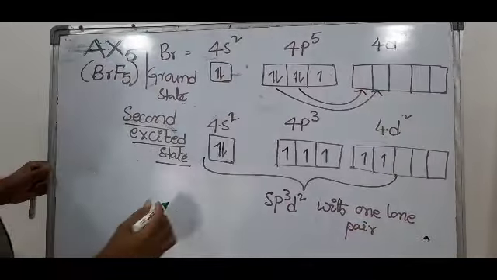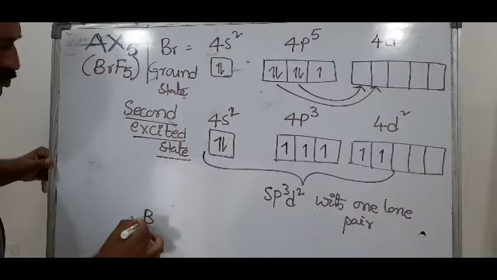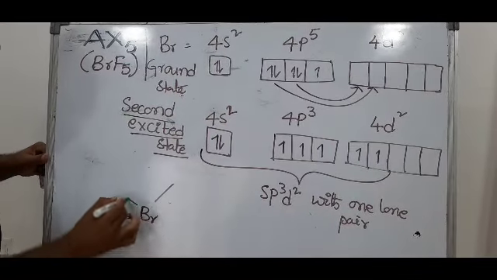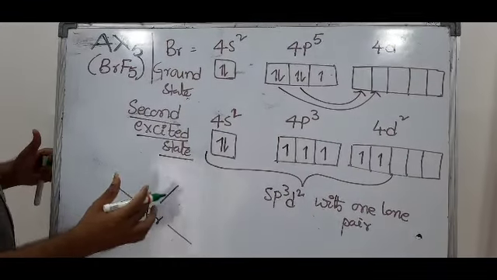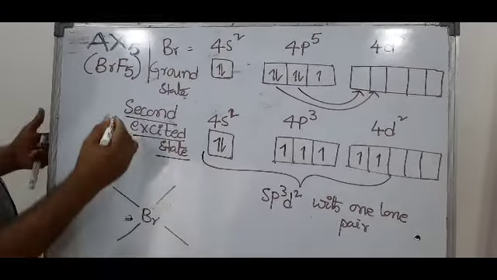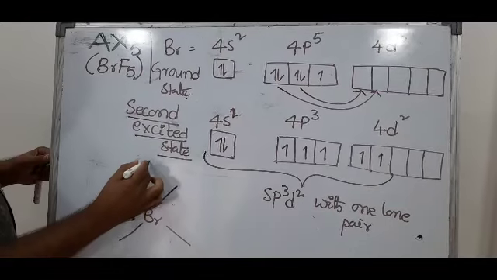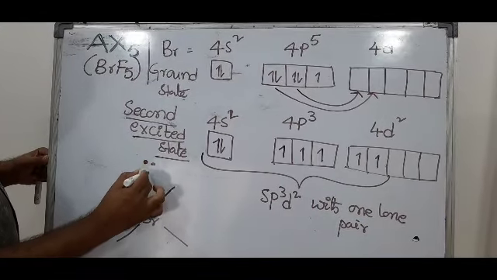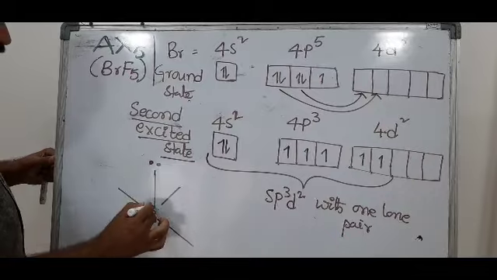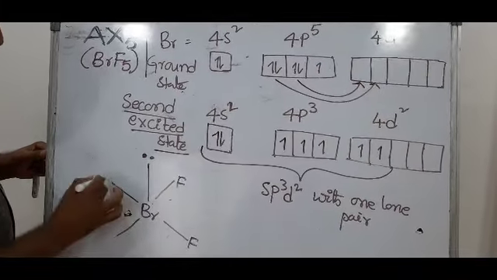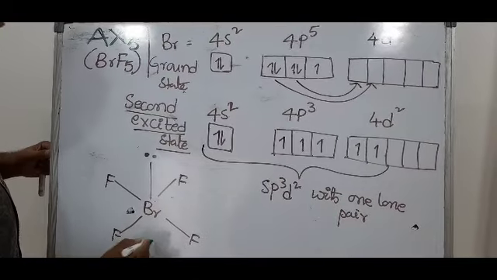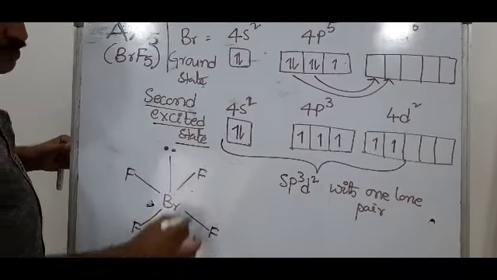Here the central atom is bromine, with one bond to each fluorine. Actually we are expecting octahedral geometry, but due to the presence of this lone pair, the shape is distorted due to repulsions. So the shape is called square pyramidal, and one fluorine is present below the plane.